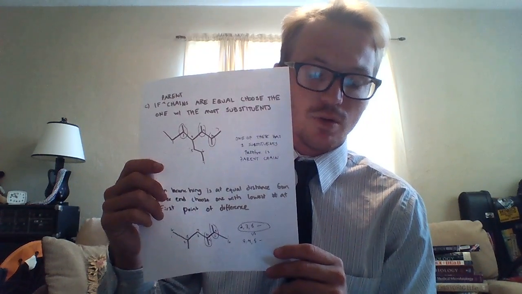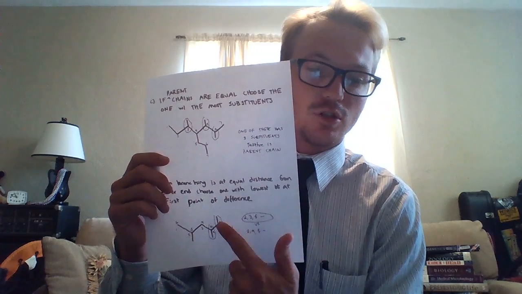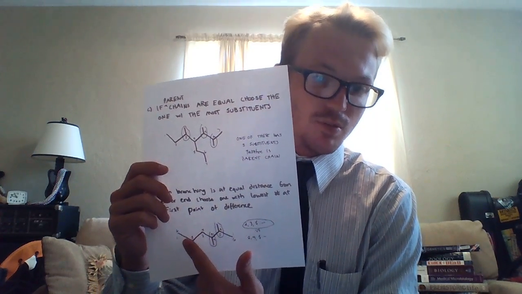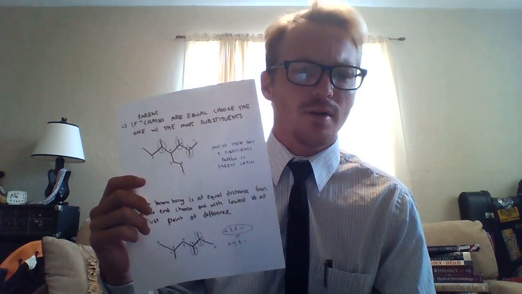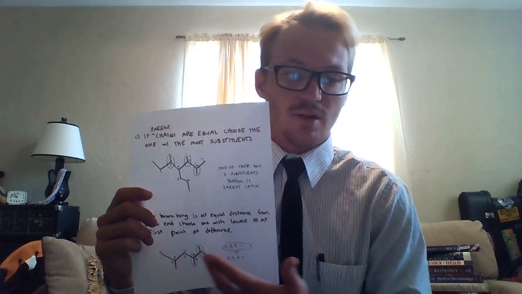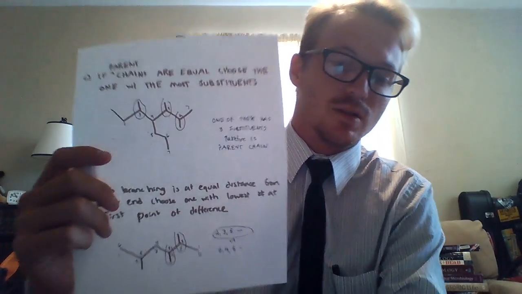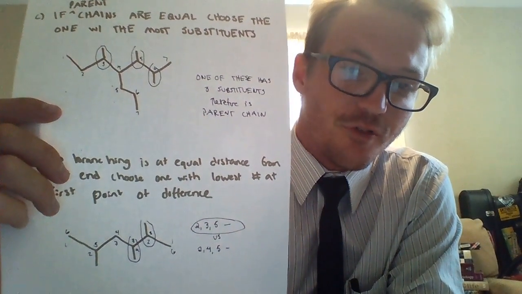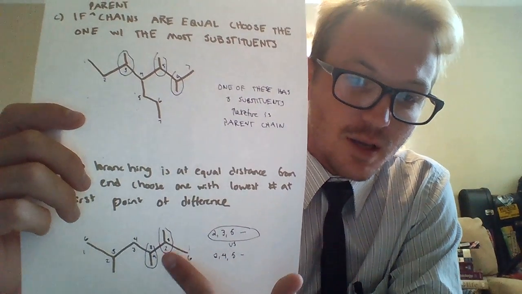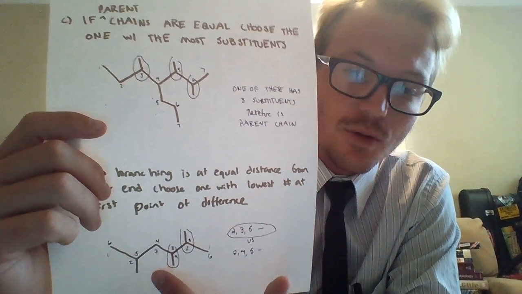The last exception to the rule is, in the event that you have two equal substituents from the end, and you're going, okay, well, how on earth am I supposed to select which one to start with? Which one's my parent chain? How do I number this so I can properly name my substituents? What you need to do is look for the first point of difference. If you look here, we have 2, and this would be at 2, and I've numbered both chains both ways.